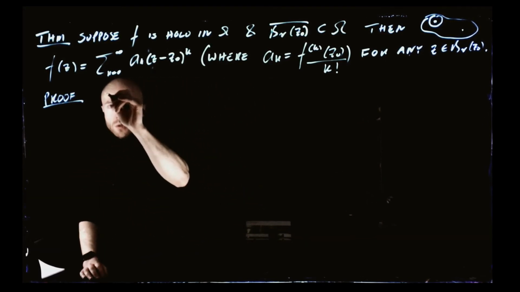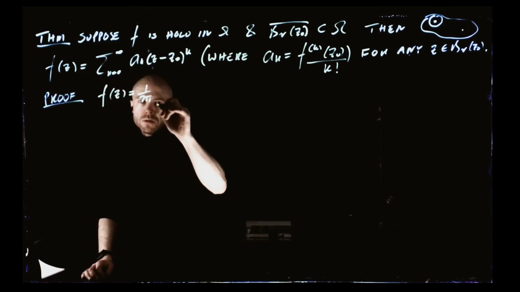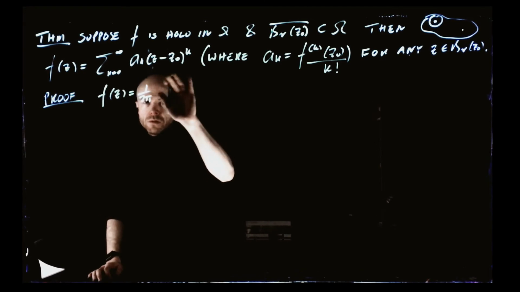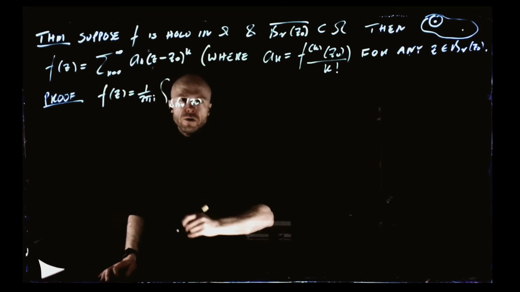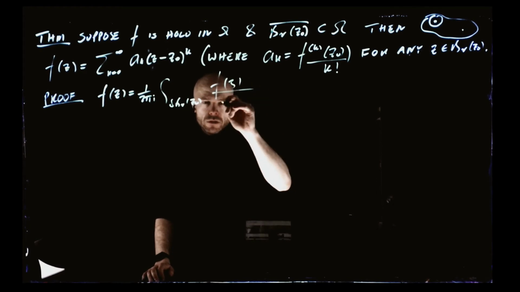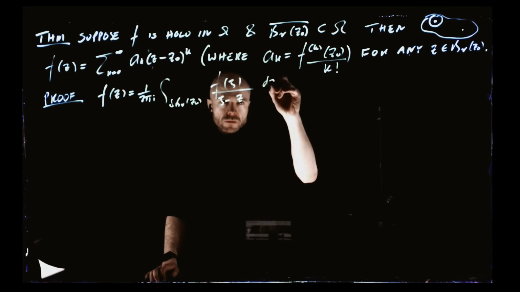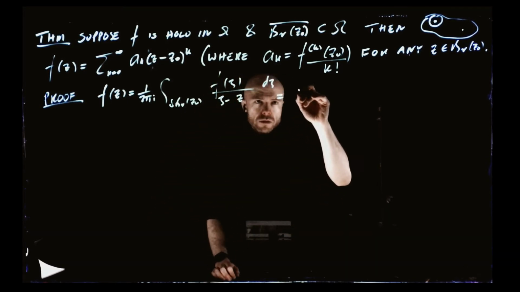Well, we have from the Cauchy integral formula the following: f(z) equals 1 over 2 pi i, the integral around the boundary of the ball around z0 of f of zeta over zeta minus z, d zeta. This is the Cauchy integral formula, let's write it like this.